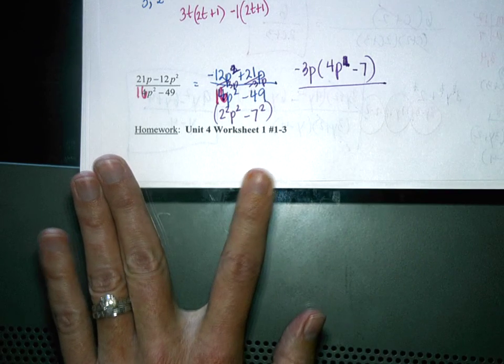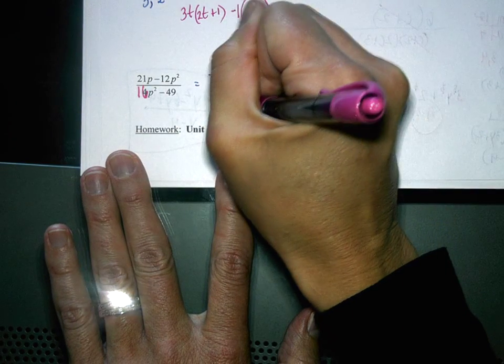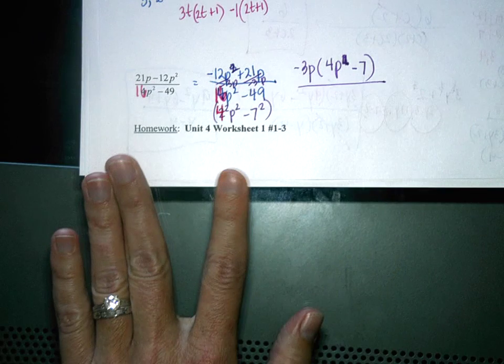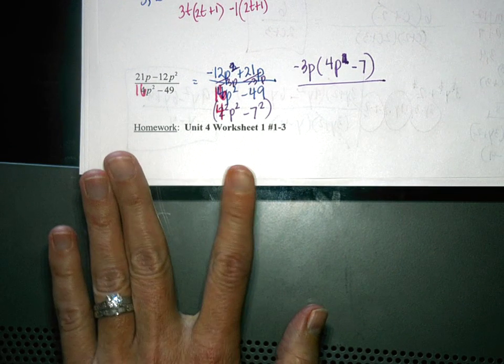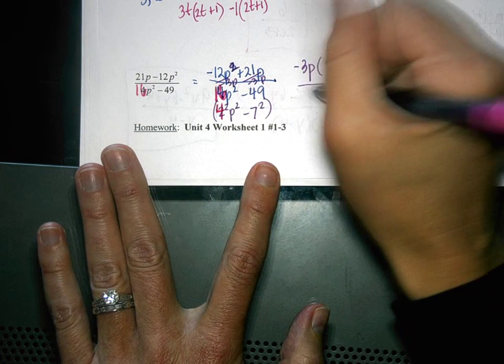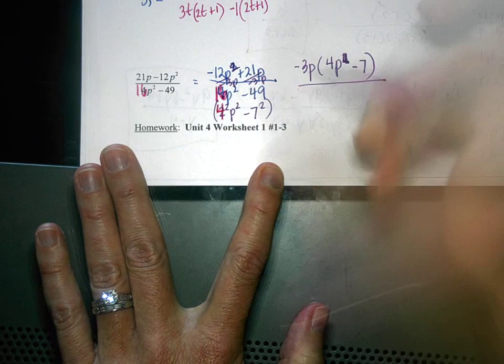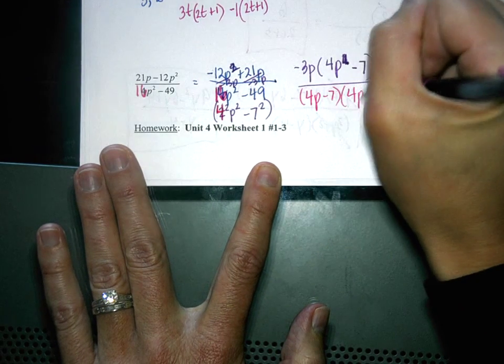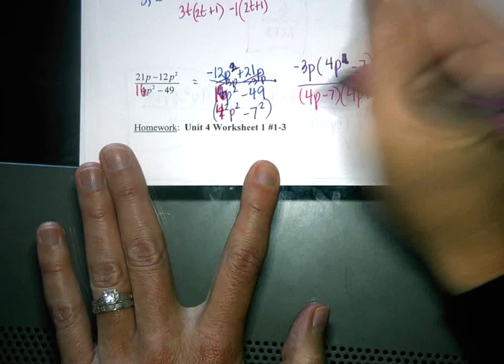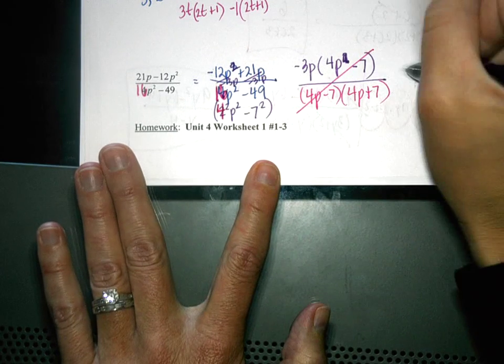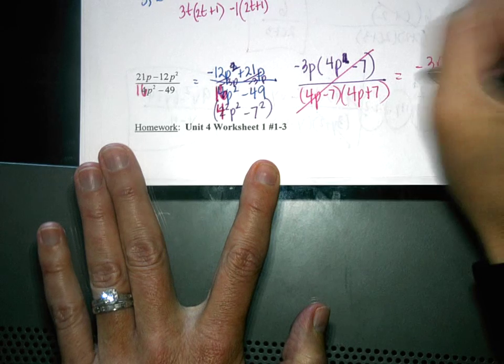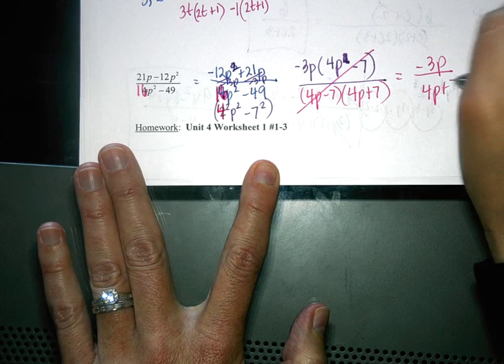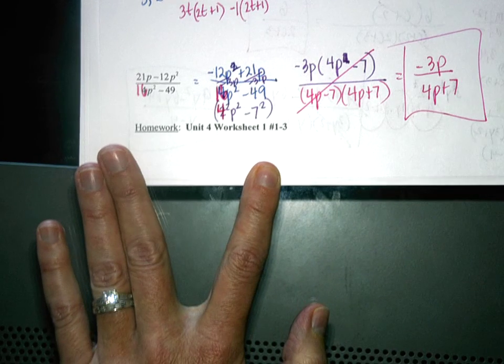So this is actually a 4 squared. So when we factor that now, difference of squares, we have a 4p minus 7 and a 4p plus 7. These end up reducing, and we end up with negative 3p over 4p plus 7, which is our final answer.